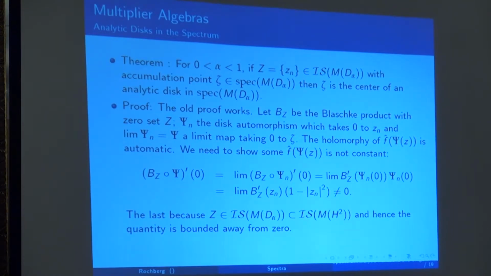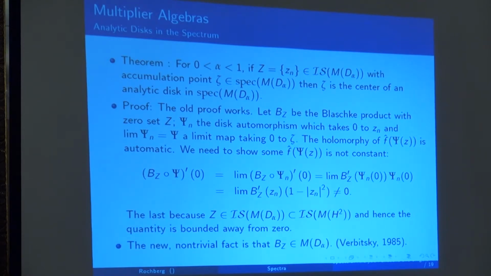That has to be an interpolating sequence for the multiplier algebra of the Hardy space just by inclusion of spaces. So this satisfies the classic Carlson condition. The classic Carlson condition says exactly that the quantity we're taking the limit of is bounded away from 0. So the limit can't be 0. So the thing we want to be non-zero is non-zero, and we're done.